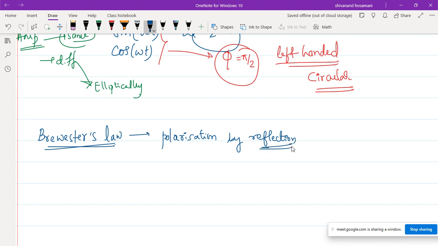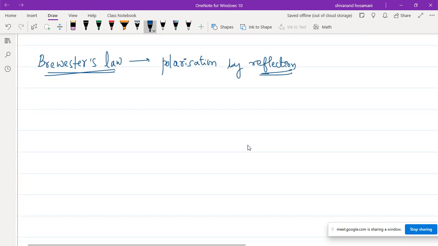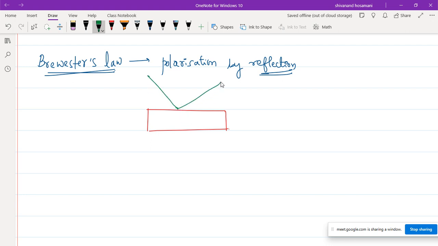Polarization by the reflection method. See, when a light is incident, let us consider this is the light, and this is a glass plate. When unpolarized light is incident on it, it is going to reflect some part and transmit some other part. Let us consider this is the normal to the surface.